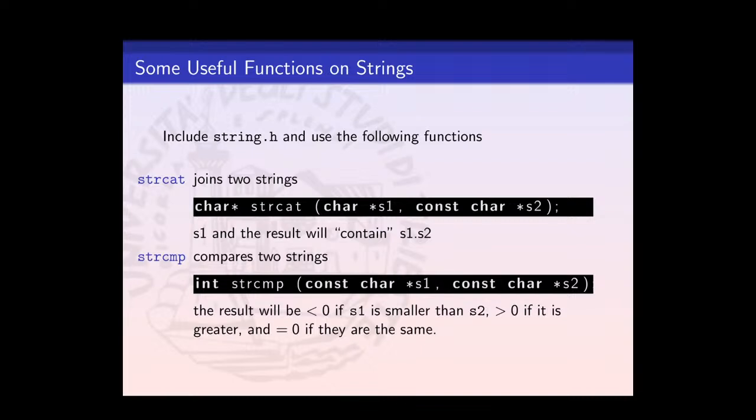So the first useful function to deal with strings is string cat, which basically joins two strings. And the idea is that you have a string S1, so an array or a sequence of characters pointed by the pointer S1, and an array of characters or a sequence of characters pointed by the pointer S2.